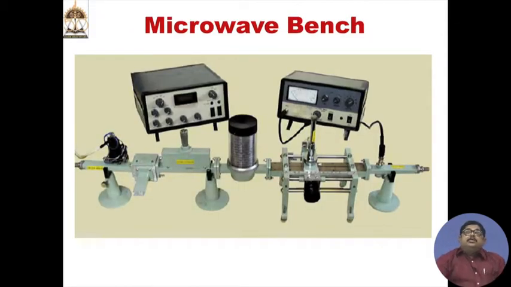This is a typical microwave bench. I think all of you have seen it. You can see on the leftmost side, this is a klystron source based microwave bench. Generally in laboratories you can have a klystron, which is a vacuum tube. It is a very stable tube for giving you some milliwatts of power that is required to do these experiments.